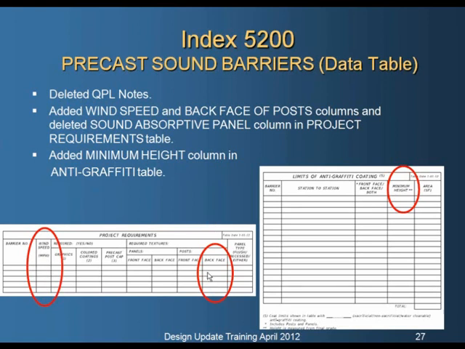There's also a back of face of the post texture option. It used to be just smooth, but now we're adding the option for different textures. And there's also a column now in the limits of anti-graffiti coating. And the minimum height should be listed in that table.